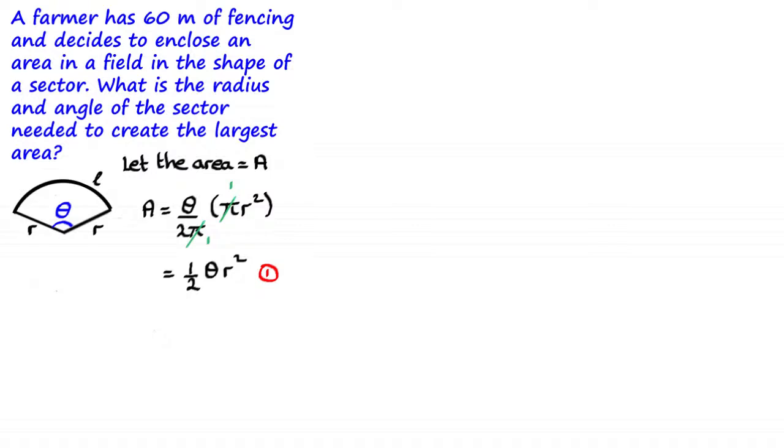Could you work out what the arc length L is in terms of theta and r? So find theta in terms of L and r. Do you think you could do that? Going to need to build in another equation and use simultaneous equations here.